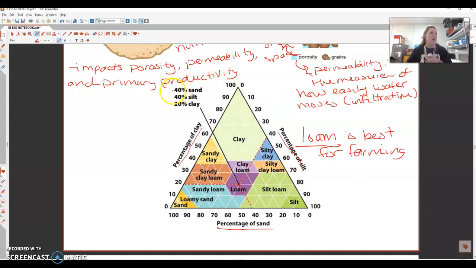So, for example, if we have a sample of soil that has 40% sand, 40% silt, 20% clay, that is loam, and that's what we know is best for farming. Okay, so you're actually going to do a separate activity over this. It's going to walk you through this step by step.